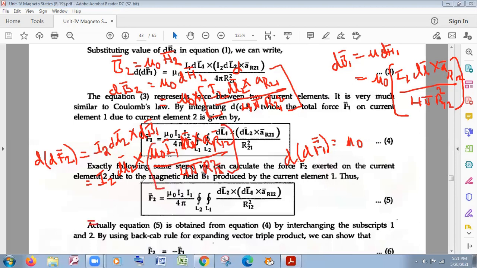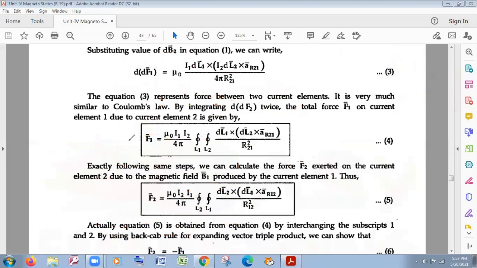Got it, my dear students? That is equal to: you write the mu naught outside, and I1 and I2 also outside, whole divided by 4 pi, also outside. And we have the line integral of 2, line integral of 1, dL2 bar cross dL1 bar cross aR12 bar by R12 square.